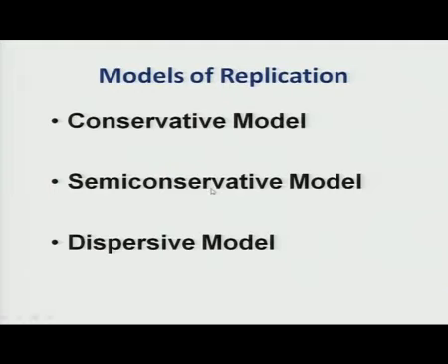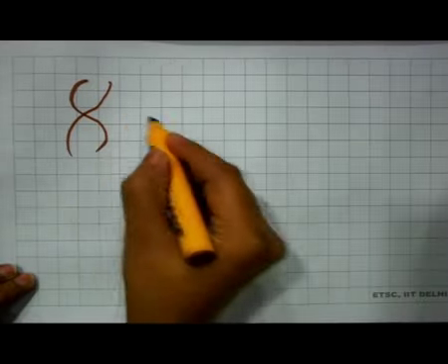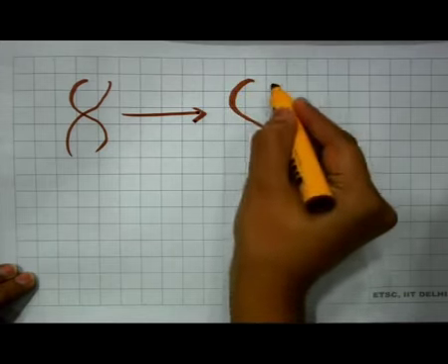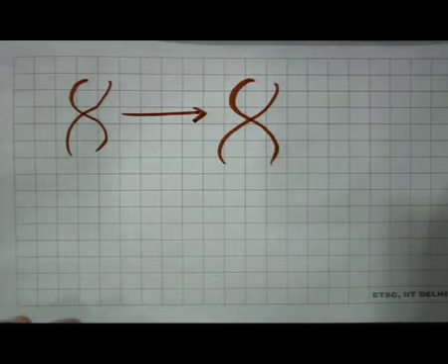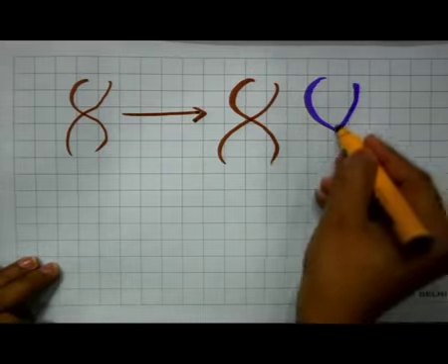Now, three models have been proposed for replication. The first was the conservative model, the second one was the semi-conservative model and the third one was the dispersive model. Now, what are these models? In case of the conservative model, the parental DNA will be copied as such, without any change, to make two daughter DNA.